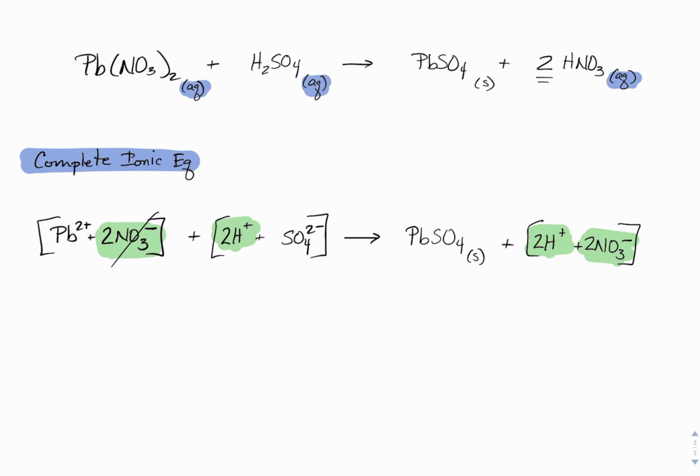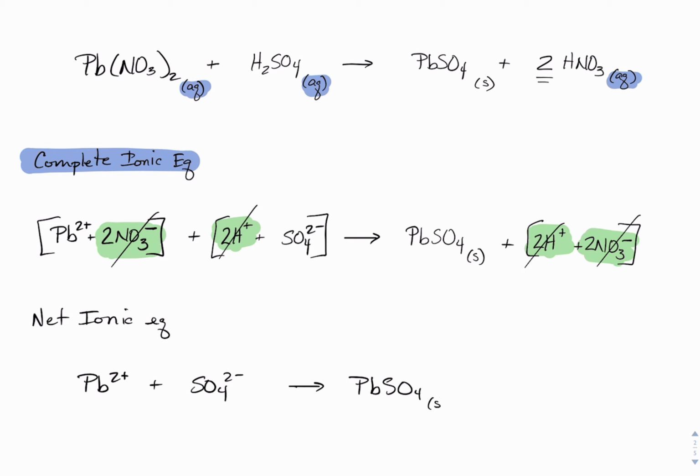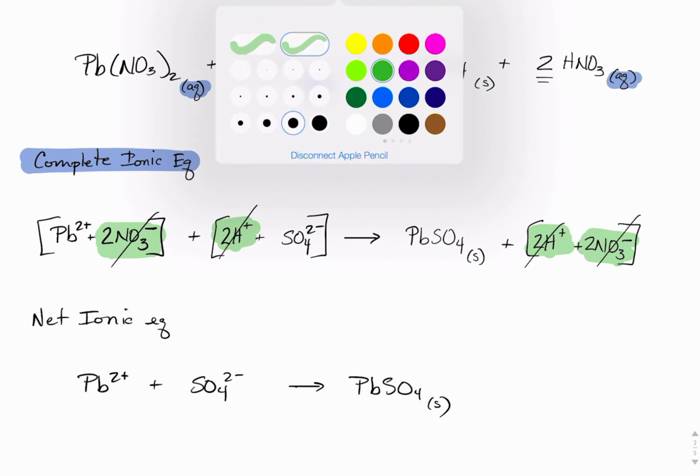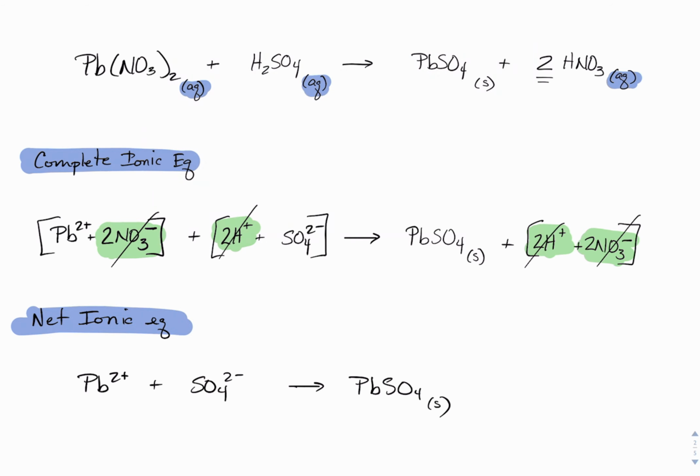So I will cut those out of my chemical reaction and write what's left over to form my net ionic equation. And that's Pb2 plus plus SO4 2 minus yields PbSO4 in solid form. So that is my net ionic equation.